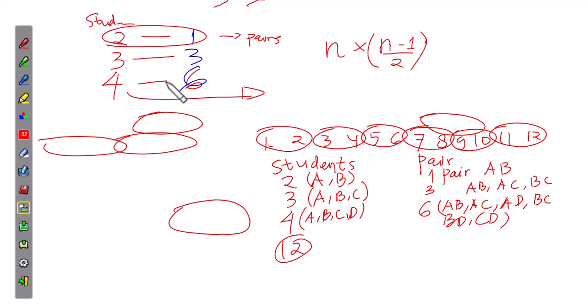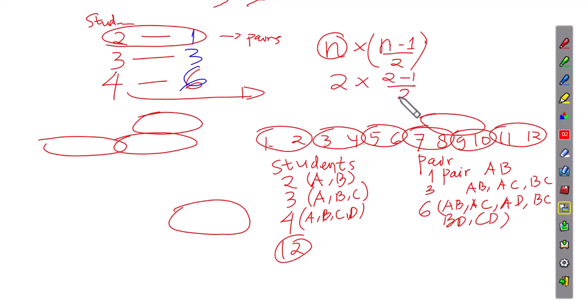Let's say n is the representation of how many students. If we apply this, 2 times 2 minus 1 divided by 2: 2 minus 1 equals 1, times 2 divided by 2. So if you have two students, you only have one pair.